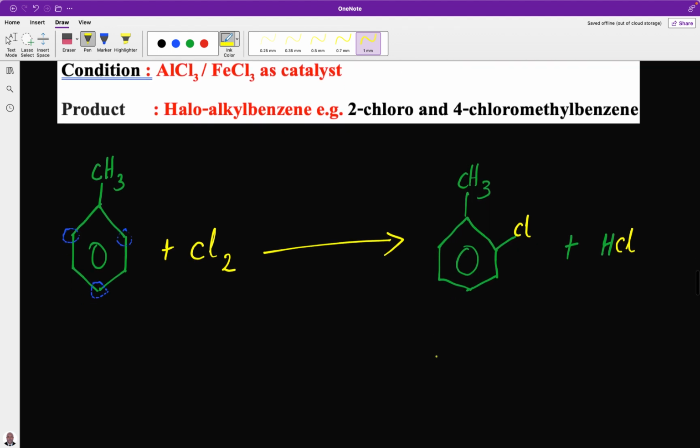What we will have here will be methyl benzene, this is 2-chloromethylbenzene, and this is hydrogen chloride.